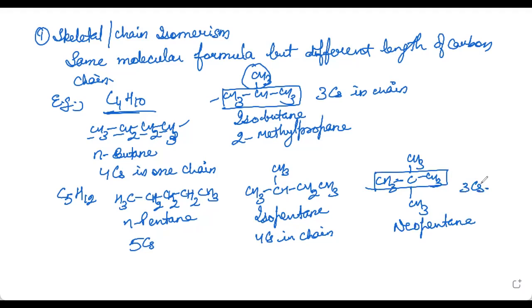So this is what we call skeletal or chain isomerism, in which the molecular formula of different compounds will be the same, but they will differ in the length of the carbon chain. Now, if you count the number of carbons and hydrogens in these three, they are going to be C5H12.